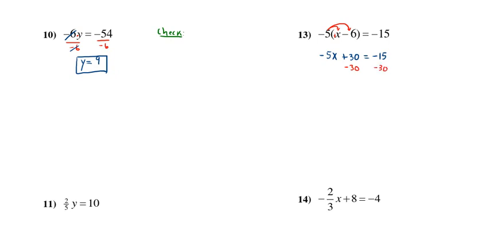Do the operation, and that leaves us -45 on the right side, because -15 minus 30 is -45. On the left side, -30 plus 30, they combine to 0, and we only have left -5x.